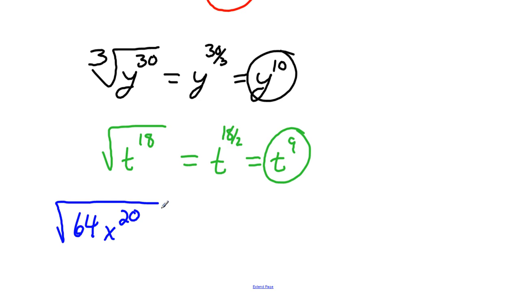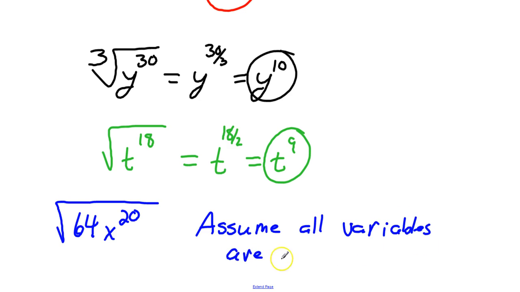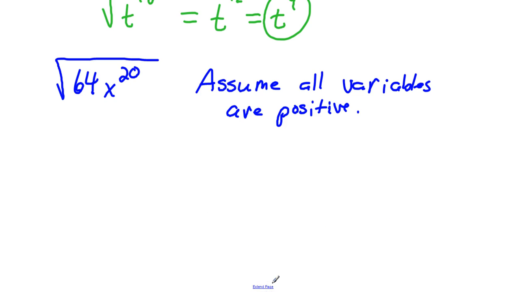When they ask you for some of these like this, they're going to tell you to go ahead and assume that all the variables are positive. So they tell you, all right, we're not going to worry about the whole plus or minus on these. We're just going to assume that everything that we're doing is going to be positive, so we're not going to worry about doing anything weird with the variables.